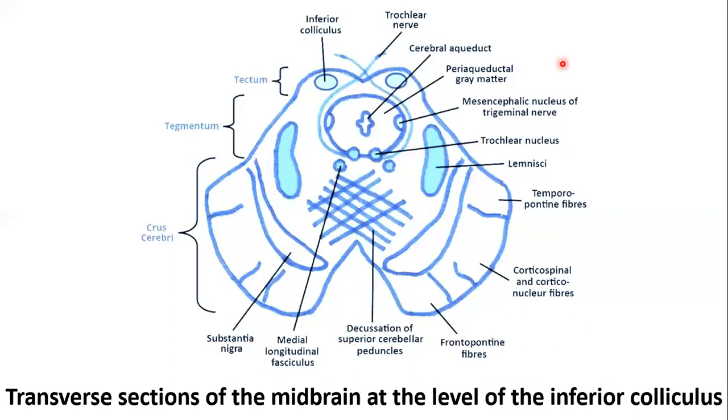Then the gray matter and the white matter. The white matter would be motor and sensory. So let's study the gray matter first. You see what is there. As this is the inferior colliculus level, the first gray matter is the inferior colliculus nucleus itself. It's a large gray nucleus. This eminence or projection, the inferior colliculus, contains this nucleus.